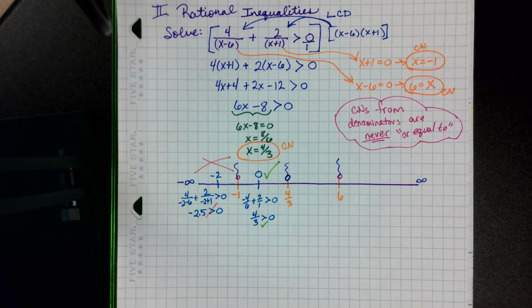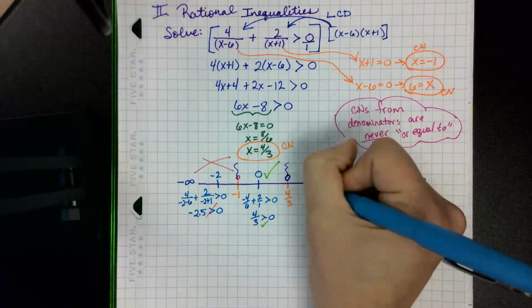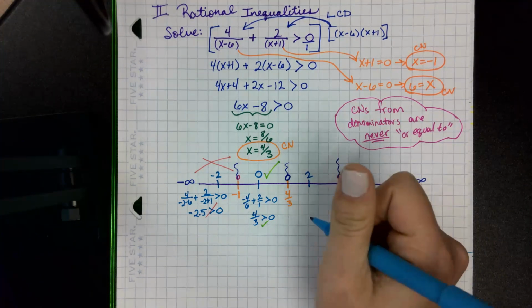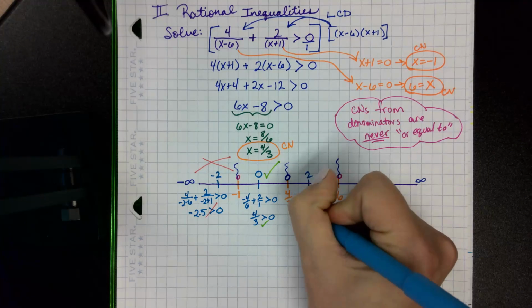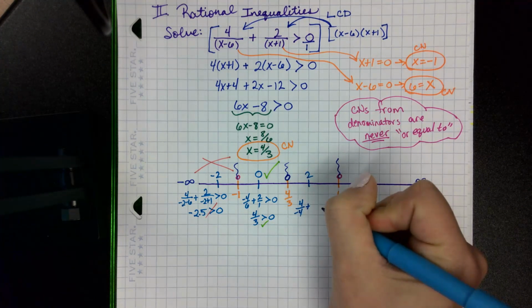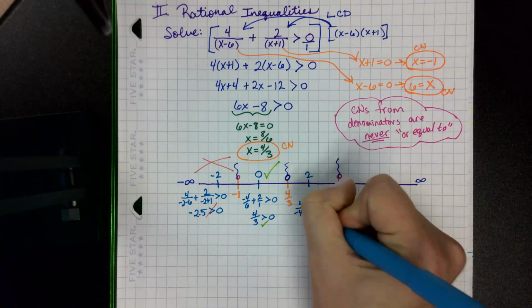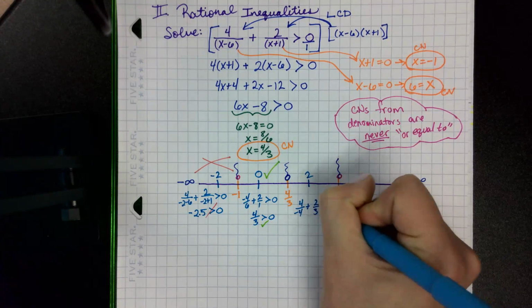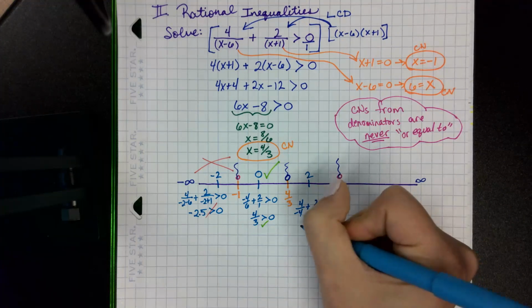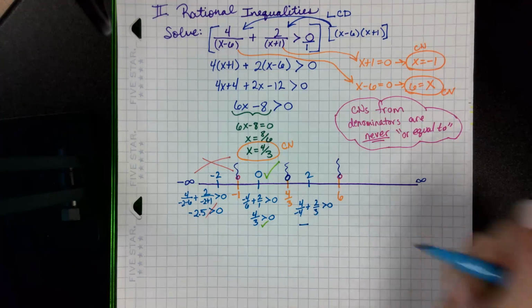So then I move on to my next section. I need a number between 4/3 and 6. Doesn't matter what I pick, I'm going to pick 2, positive 2. So I plug into my original problem. It gives me 4 over negative 4 plus 2 over 3 is greater than 0. So on the left, if I calculate, it's negative something.